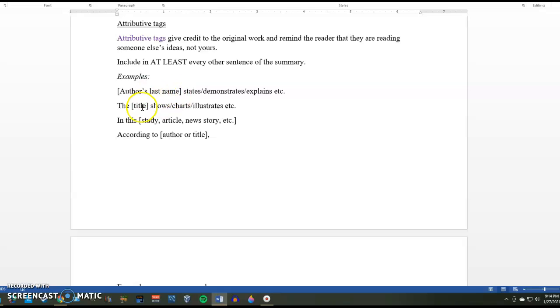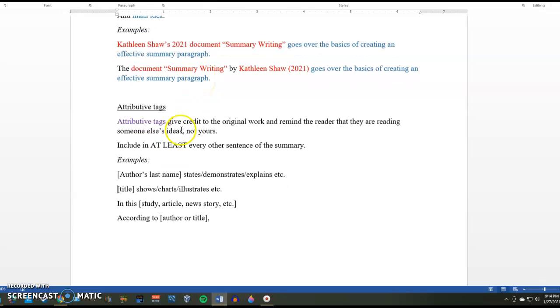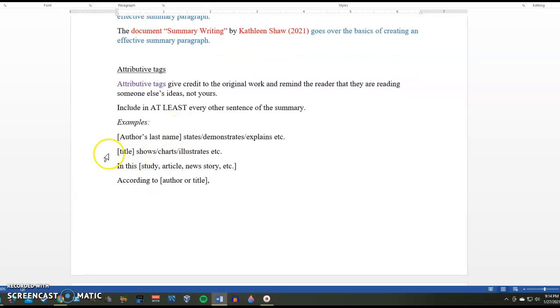These brackets obviously mean that you would fill in the information as applicable. So here I would say, the article or the document shows, or actually, let me change this up a little bit. In this case, if you're using the title, you would say Summary Writing, and you would put it in its correct punctuation, whether it's in quotes or in italics, shows, charts, illustrates, and then I'll add one back in here, the type of document.